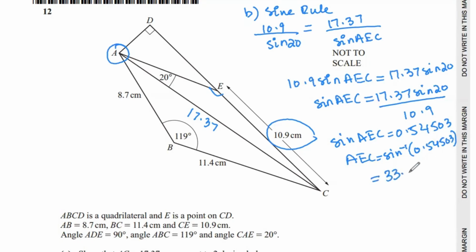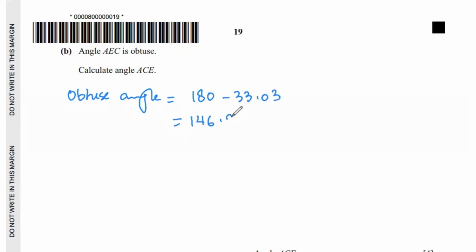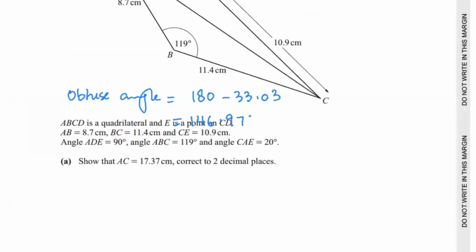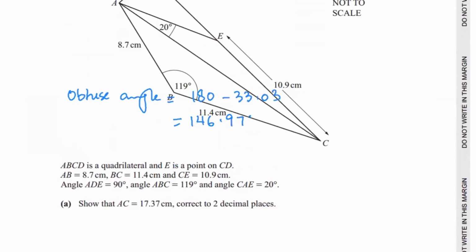That's 33.03 degrees. Since it's saying that angle AEC is obtuse, the obtuse angle would be 180 minus 33.03, and that's going to be 146.97.